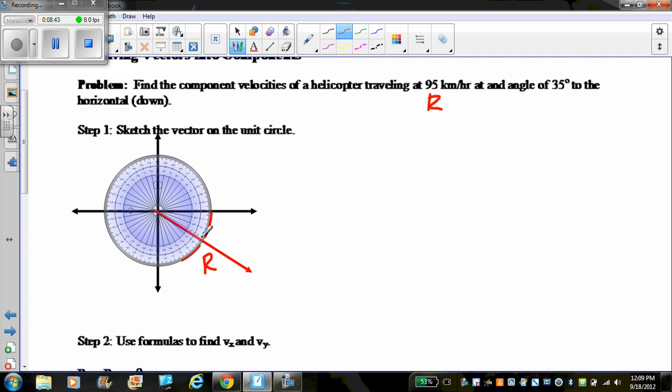Now this 35 degrees, on the unit circle, you could call it negative 35 degrees, or if you measure all the way around this way, you would be measuring 325 degrees.